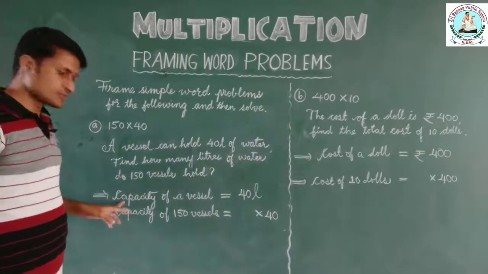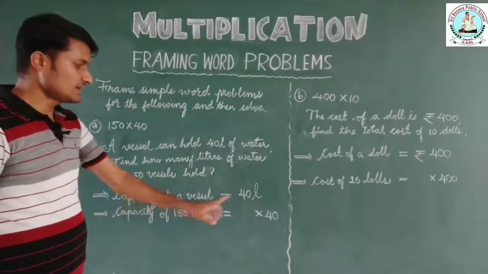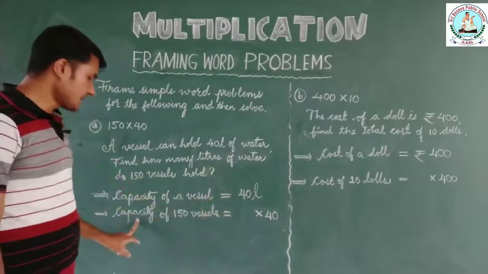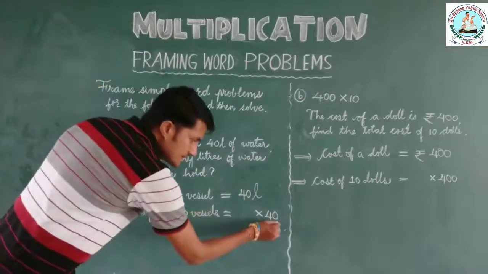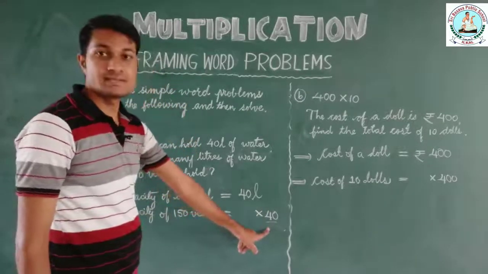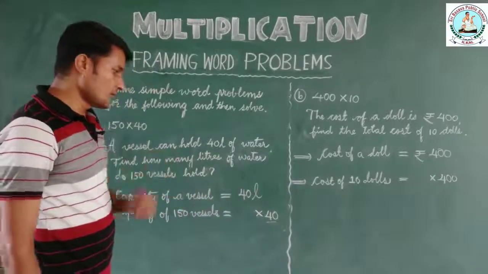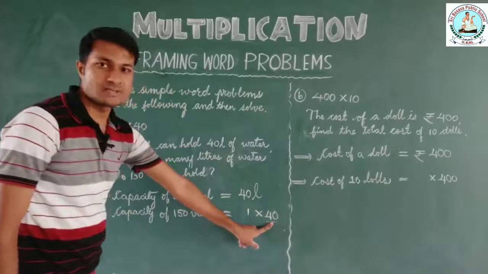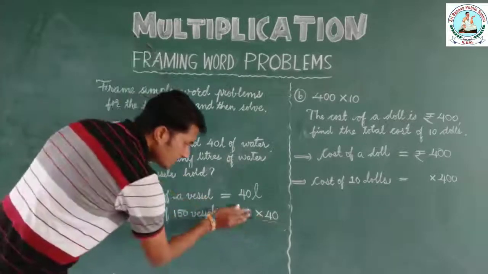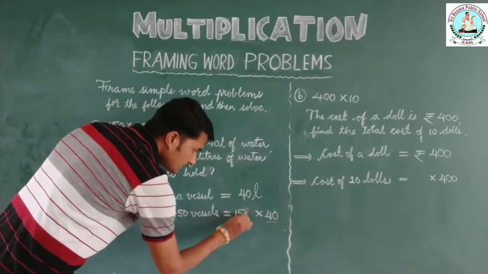So first sentence would be capacity of each vessel, that is 40 liters, and capacity of 150 vessels. So this is the capacity, or the volume of one vessel, that is 40 liters. See here, the capacity of one vessel is 40, but we need to find out the capacity of 150 vessels.